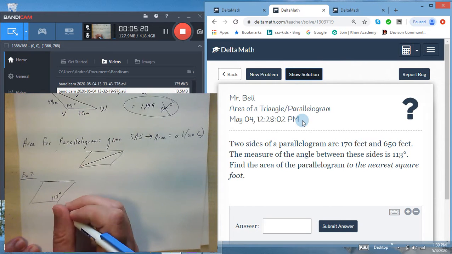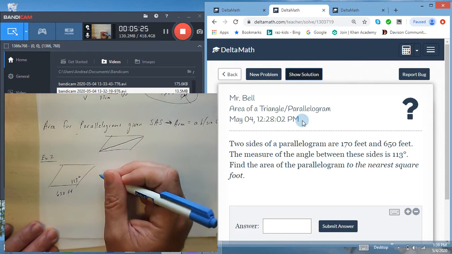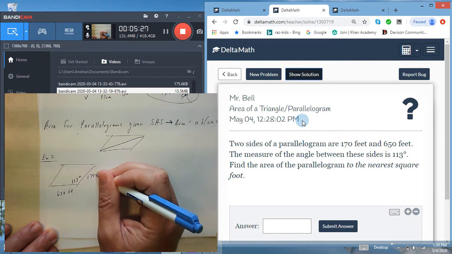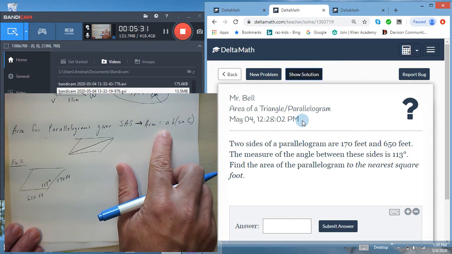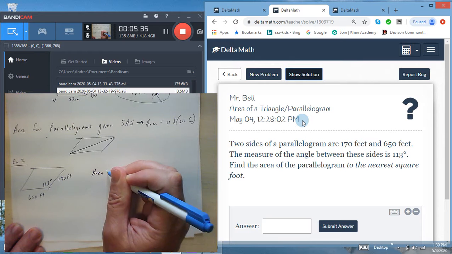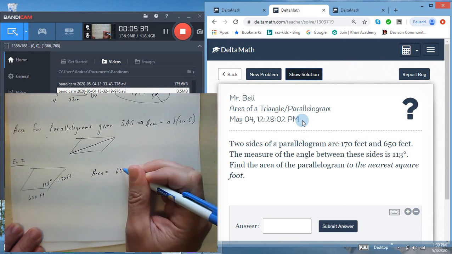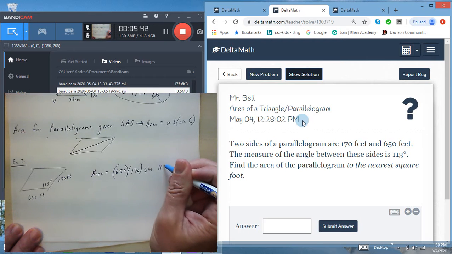And then the other two sides are 650 and 170. Just throw things in there. You can see the side angle side again. So we get the area equals 650 times 170 times sine of 113.